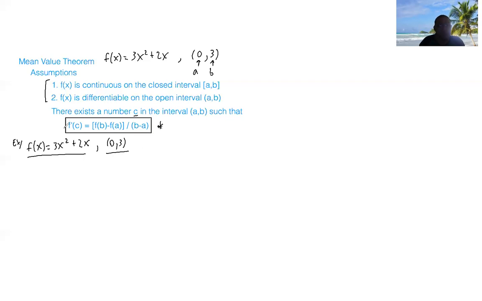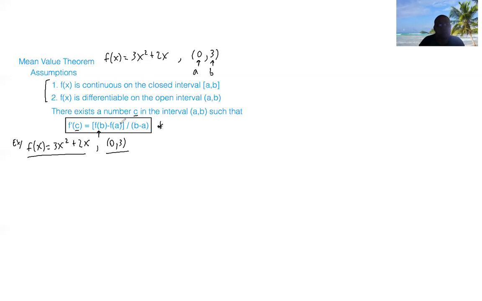And so let's consider our interval. So in order to calculate this value c, that's what we want in the end, we need to essentially just fill out this formula, okay? And so in here, what do we have? Well, you need to evaluate your original function at some value b. In this case, it's going to be at 3, right?